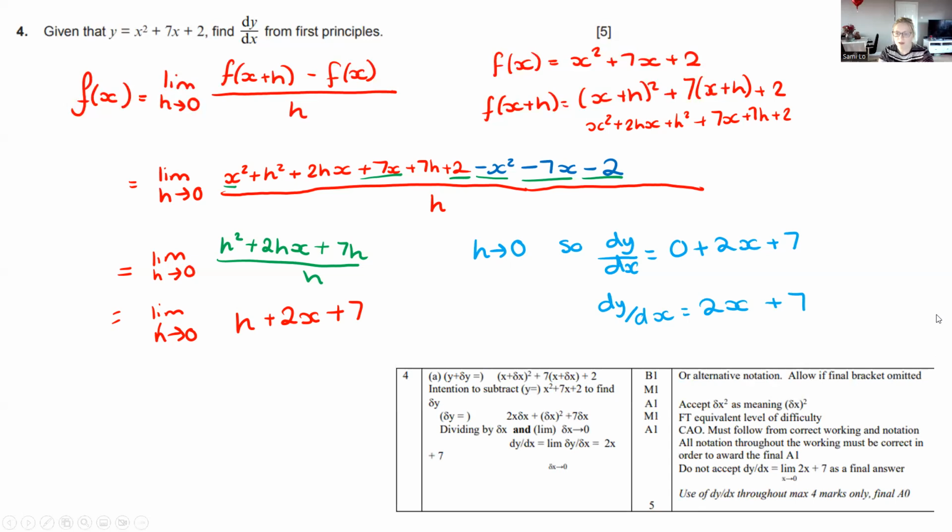there we go. So alternative notation, that's because I've used the h instead of the symbol that they've used. And making sure that we've shown intention to subtract that. So first of all, put it into the formula, which I've done. So I've got my B1. I've then subtracted, so I've got that.